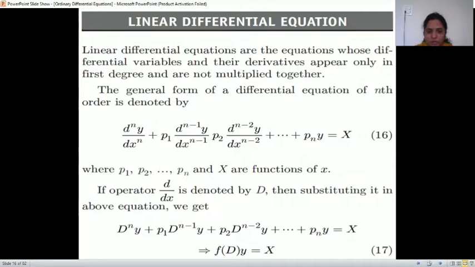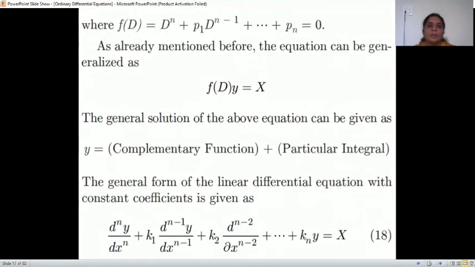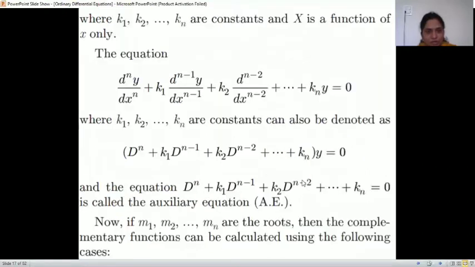Here we can use f(D)y equal to some capital X. This is the general form where f(D) is a polynomial in D. So the general solution of the above equation is nothing but what? y equal to yc plus yp, that is complementary function plus particular integral. And we know how to find the complementary function.